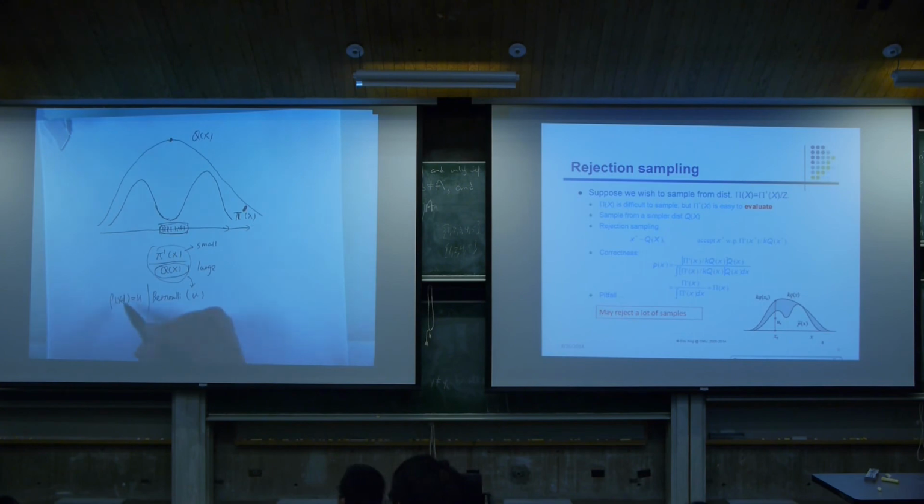So if mu is small, the probability x equals 1 is very small, and x equals 1 is when you accept this sample. So that is to say, if mu is small, you are going to reject this sample with high probability. Any other questions?